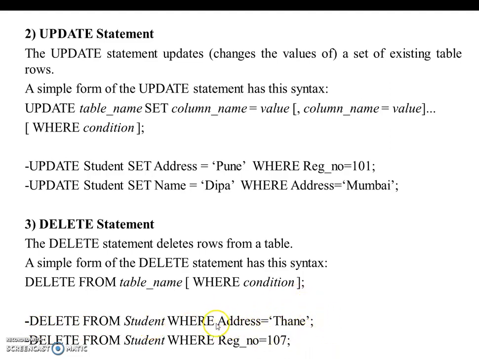At first it will find out whether there is a Thane available within that student table. Then if an entry is found, the whole tuple or whole row of that table will get deleted. One more example, delete from student where register number is 107. As this is a number, there is no single quote. It will find out at first whether there is a 107 entry available.